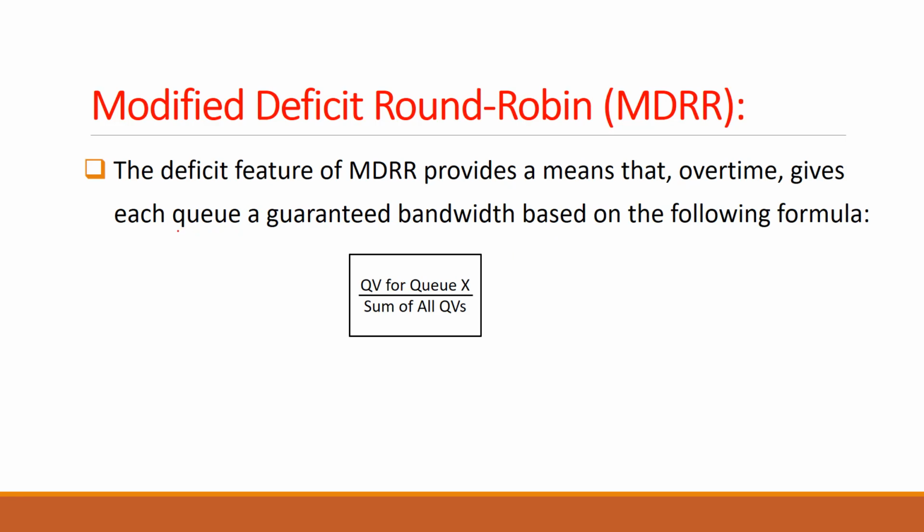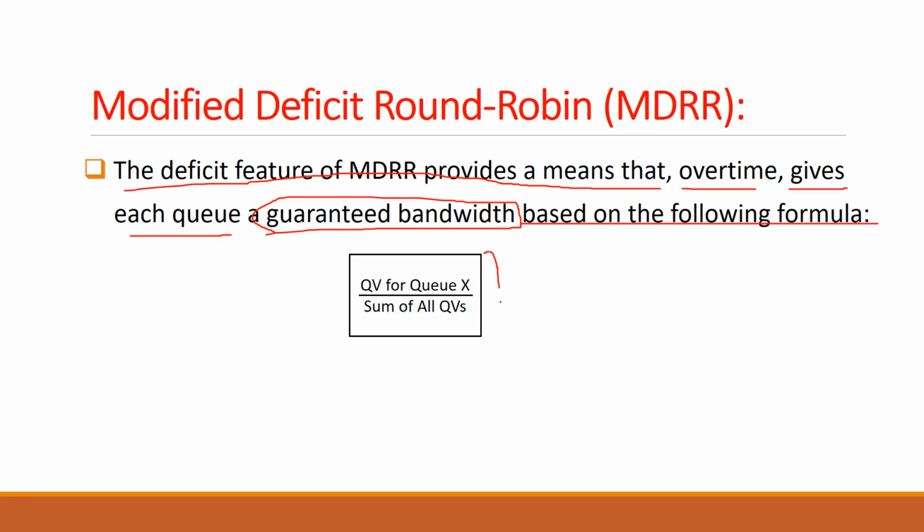Last thing we want to mention here is the deficit feature of MDRR provides a means that, over time, gives each queue a guaranteed bandwidth based on the following formula: the QV for queue number X divided by the sum of all QVs.